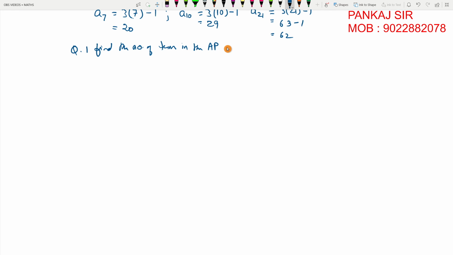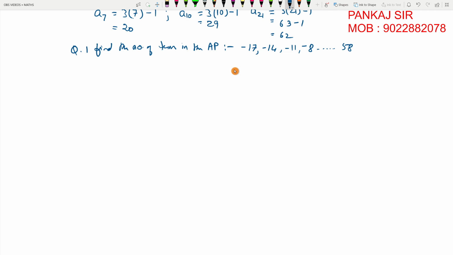The progression is given as minus 17, minus 14, minus 11, minus 8, and it goes on, and lastly it is given as 58. So this is the arithmetic progression given to you, and they have asked you to find out how many terms are there in this arithmetic progression.